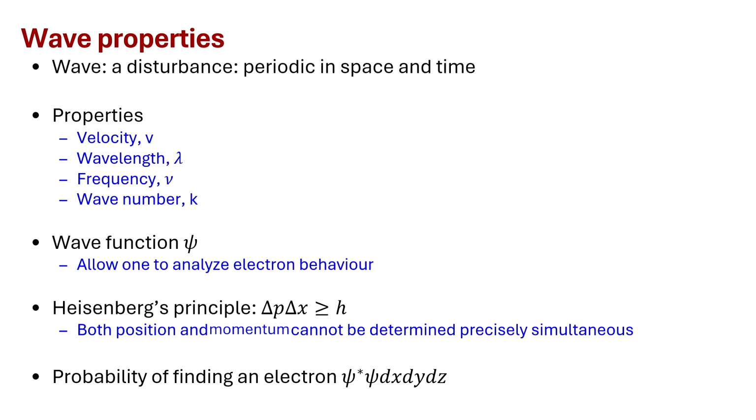It also follows Heisenberg's uncertainty principle, that both position and momentum cannot be determined precisely simultaneously. So, delta p and delta x must always be greater than or equal to h, and the probability of finding the electron anywhere in space is psi star, the conjugate of psi, multiplied by psi and the volume, that is dx, dy, dz.